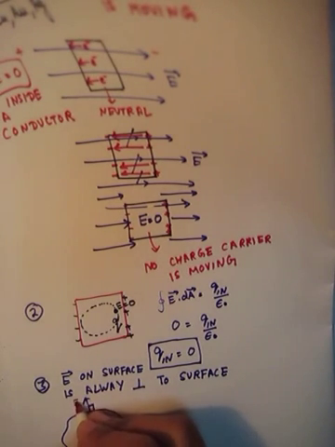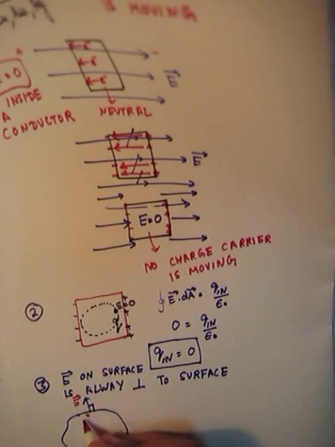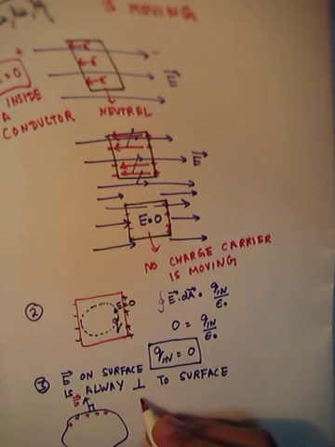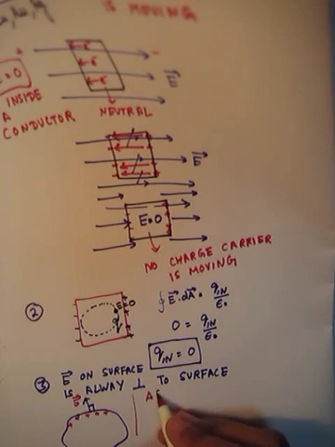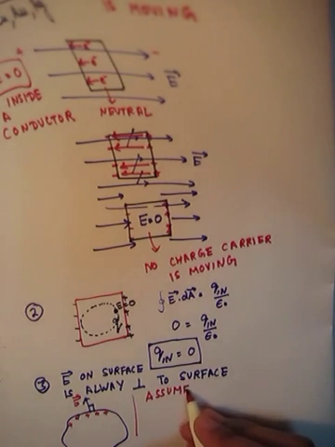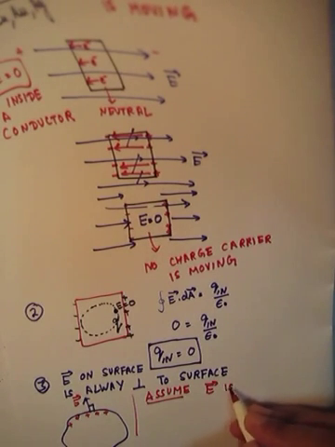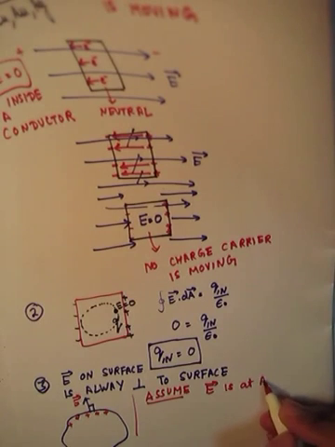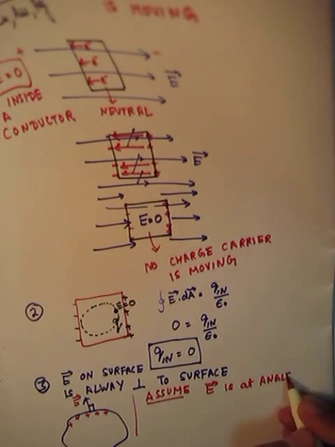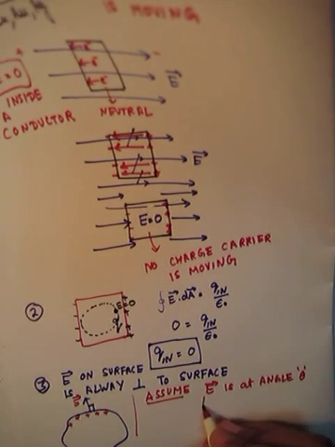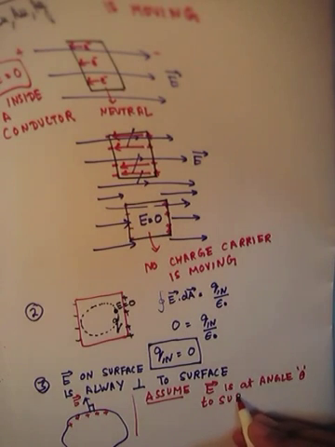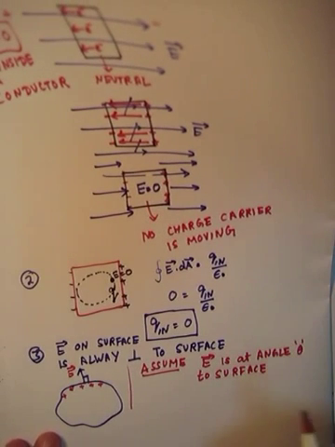So this should be the electric field if the conductor is positively charged. Now let us try to prove it. Assume that the electric field is at an angle theta to the surface.